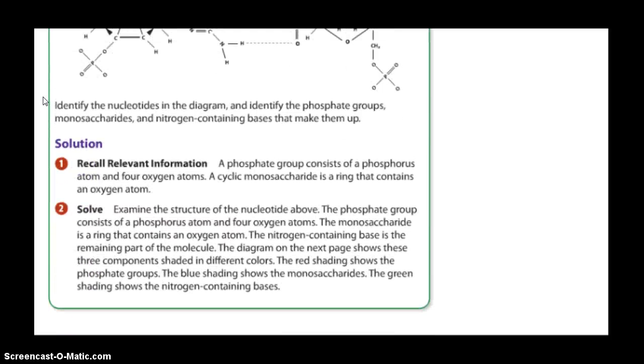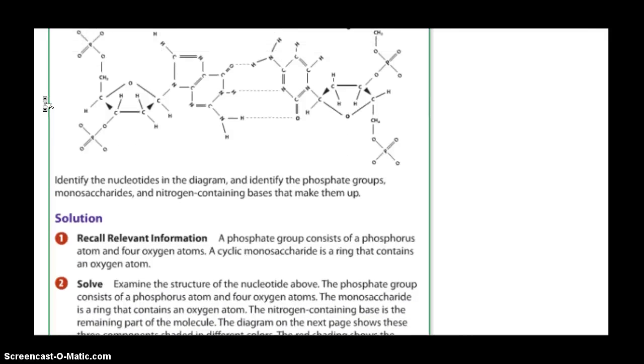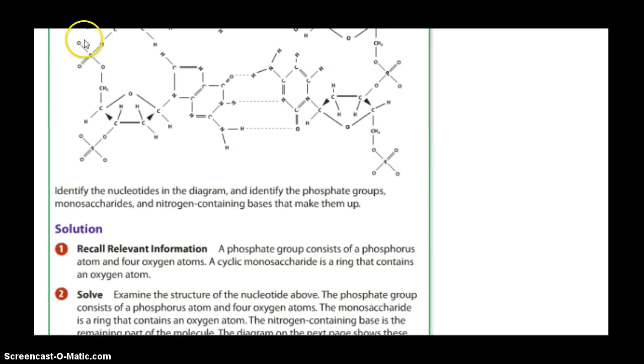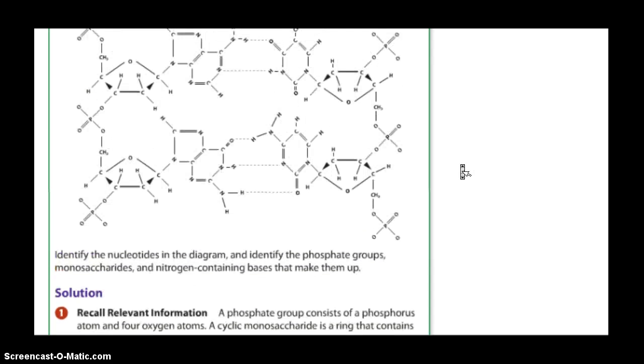and it says a phosphate group consists of a phosphorus atom and 4 oxygen atoms. Okay, so you should have said, oh, like right here, or oh, like right here, right here. A cyclic monosaccharide is a ring that contains an oxygen.